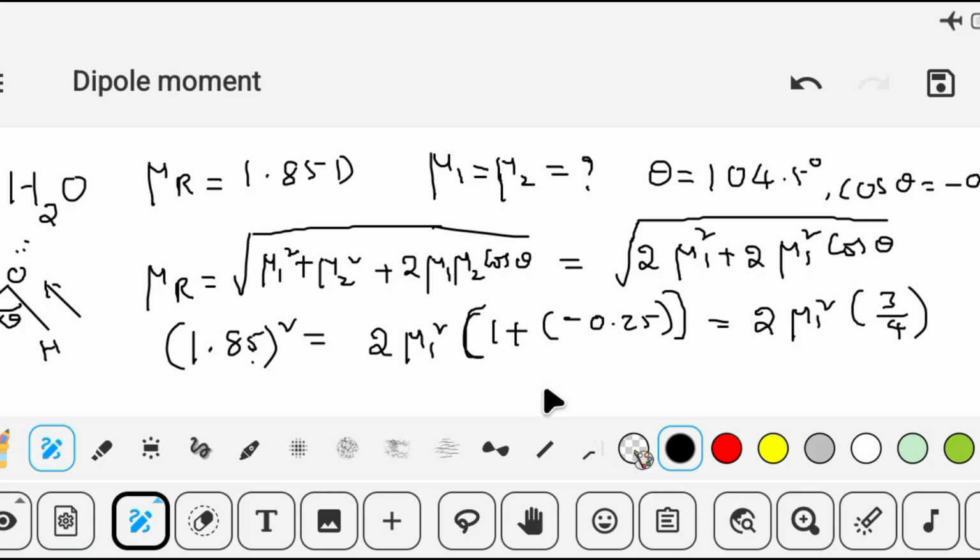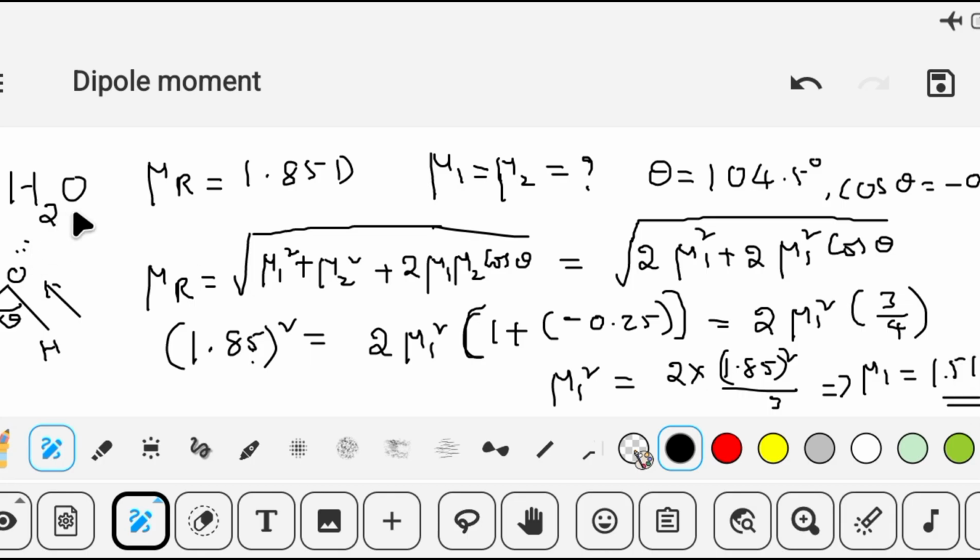Upon simplification, mu1 square equals 2 into 1.85 whole square by 3. This simplification finally gives the mu1 answer, which is 1.51 debye. That is the final answer for this question. Okay, thank you.